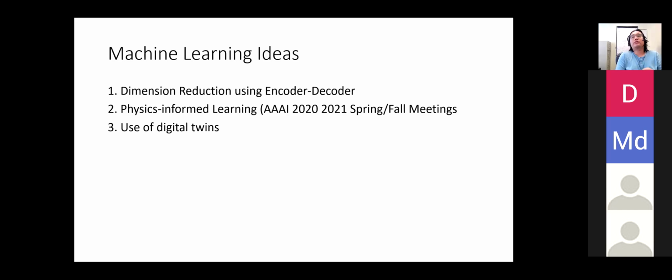If I think about the neural network, recently software products like PyTorch or TensorFlow actually have a good capability of automatic differentiation.